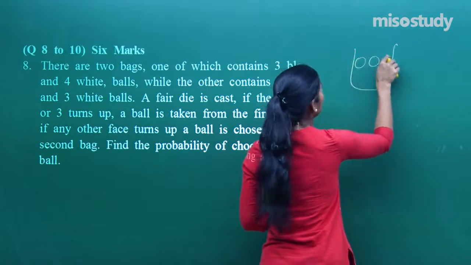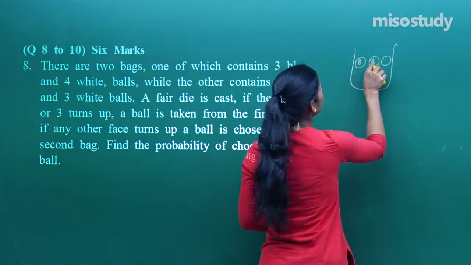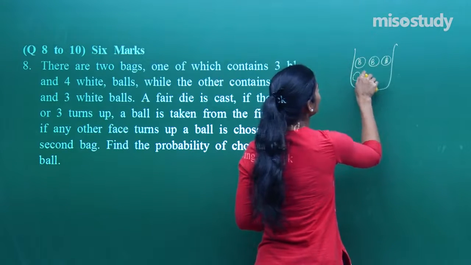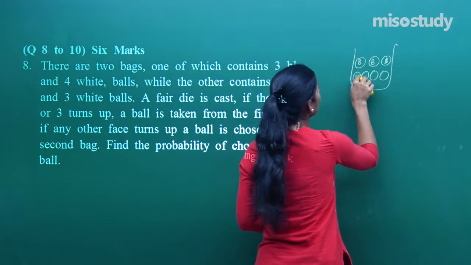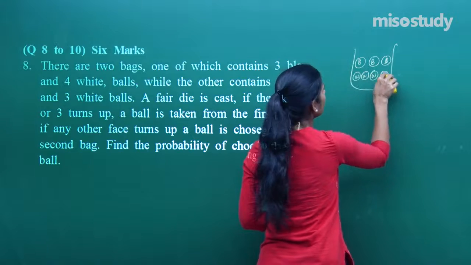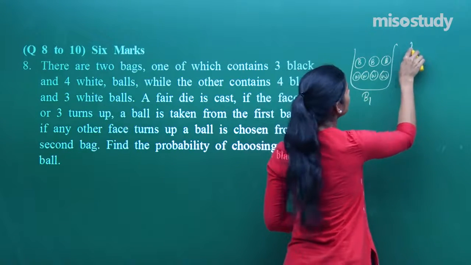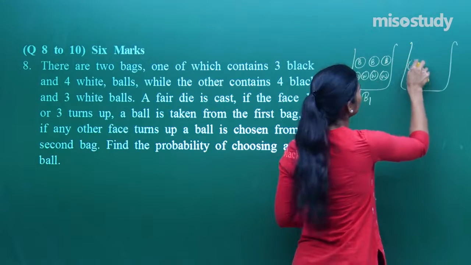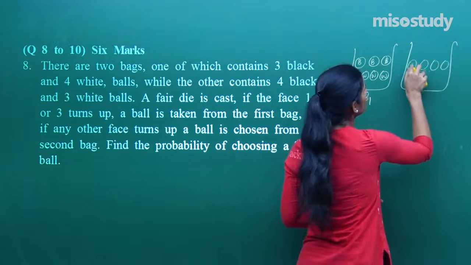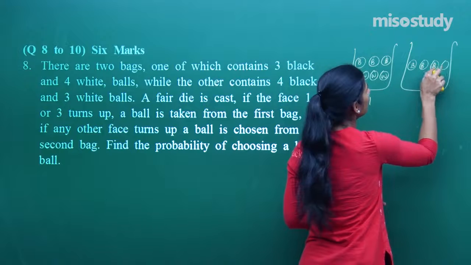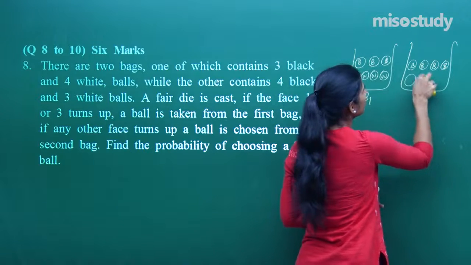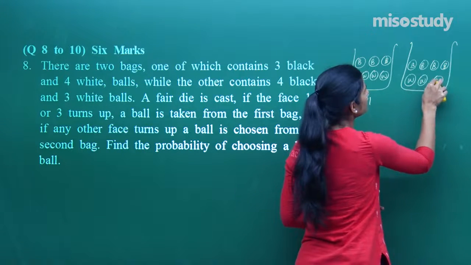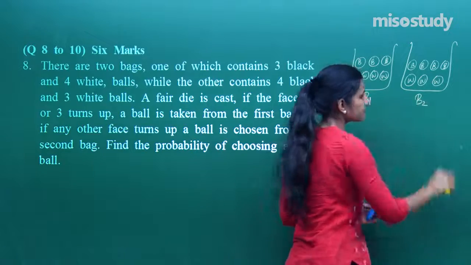So black, black, black, 4 white: 1, 2, 3, 4, white, white, white, white. This is bag 1. And say this is another bag, 4 black and 3 white. So black, black, black, black, 3 white, white, white, white. This is bag 2.